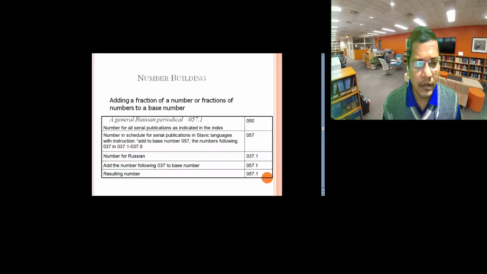Numbers in the schedule for serial publications in Slavic languages come with an instruction: add to base number 057 the numbers following 037 in 037.1 to 037.9. Following this instruction, the number for Russian is 037.1. Add the number following 037 to the base number 057, giving 0571. The resulting number is 057.1.